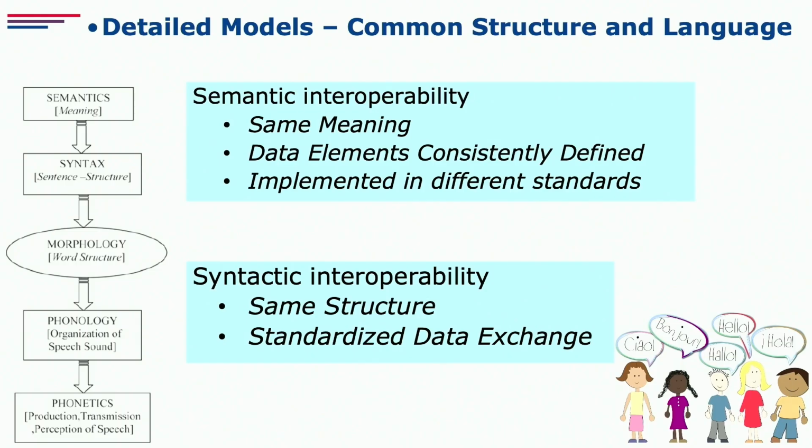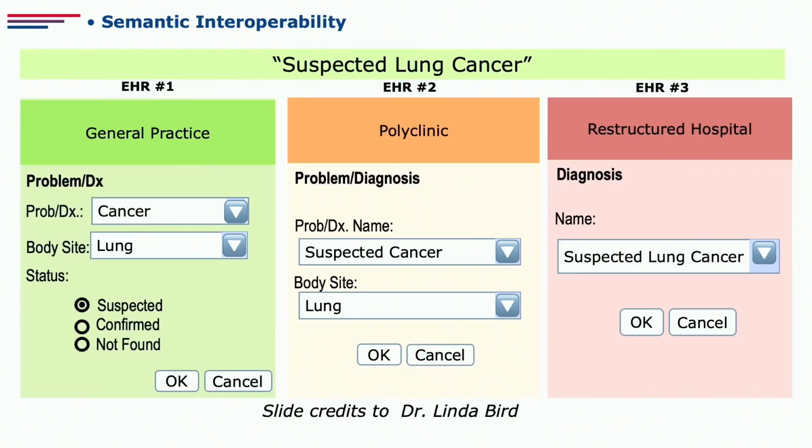So a real-world example of how hard it is comes from Dr. Linda Bird, who's in Australia, who several years ago looked at 3 different EHR systems and one data concept and how it was represented in those 3 different systems. And the concept was suspected lung cancer.